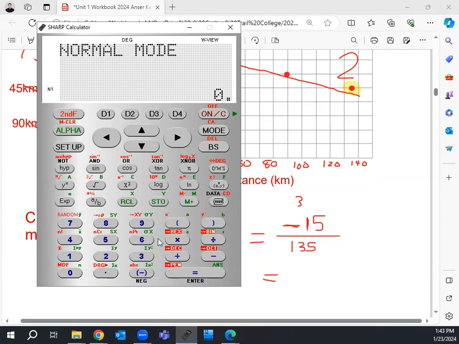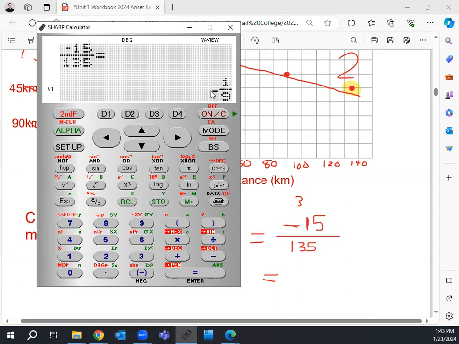But anyways, what I do is I use my fraction button and I use this negative button. It should be near the bottom of your calculator. Then I put 15 over 135. And if I do that, you're going to notice, this is actually quite important, this little negative goes from the 15 and now it's beside the fraction. Because remember, the slope itself is negative.